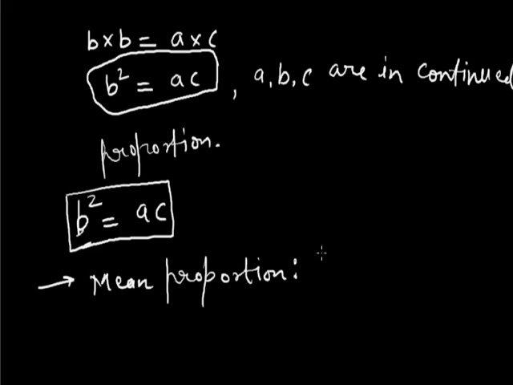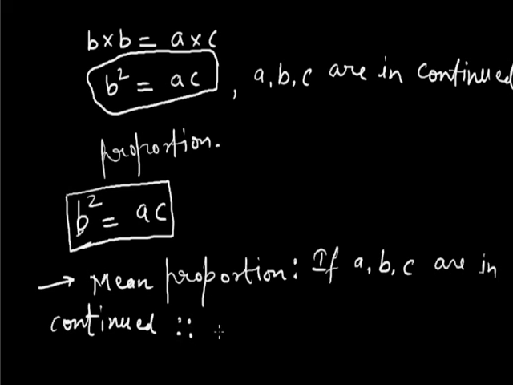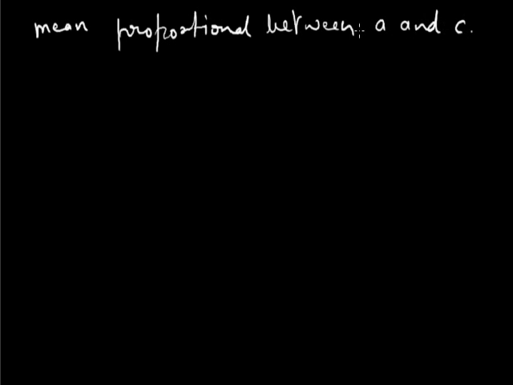This states that if three numbers a, b and c are in continued proportion, then b is called the mean proportion between a and c. Instead of saying this is a concept, we can also say that this is merely a definition. This is the definition for mean proportional.